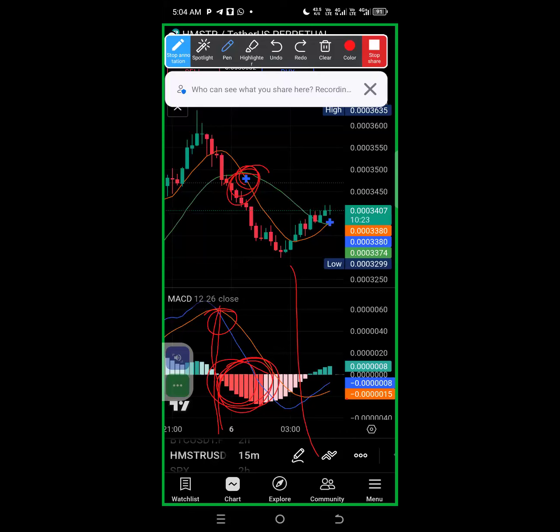Right? And yesterday, in the course of our discussion, we said when the histogram is below the zero line, it is bearish momentum. And if the MACD line crosses below the zero line, when the crossover happens below the zero line, it gives a strong confirmation that it is bullish or bearish?